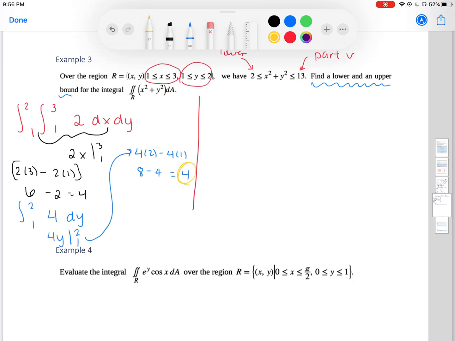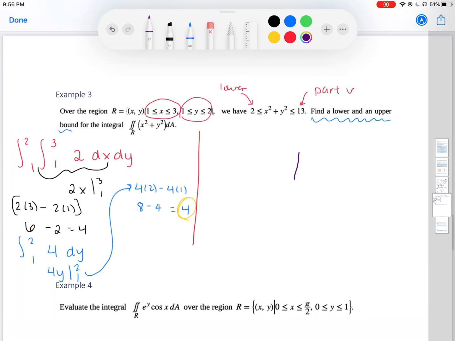Now I'll help you try the other one. So now we're going to integrate for our upper bound, which is 13. So we're going to do the same thing, same bounds, from 2 to 1, 3 to 1, of that same part of our bounds.